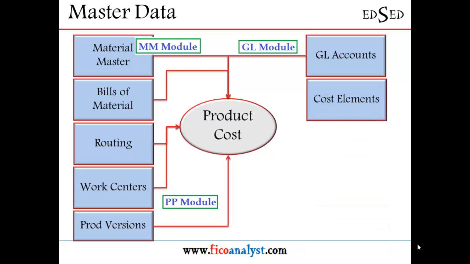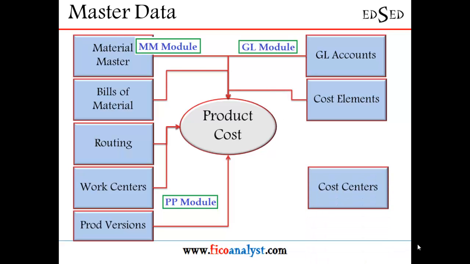And then the cost elements, like GL accounts, payroll accounts can be cost elements. Cost elements can be primary or secondary cost elements. These cost elements need to be there in order to have your product cost estimated, which is an important master data element overall.